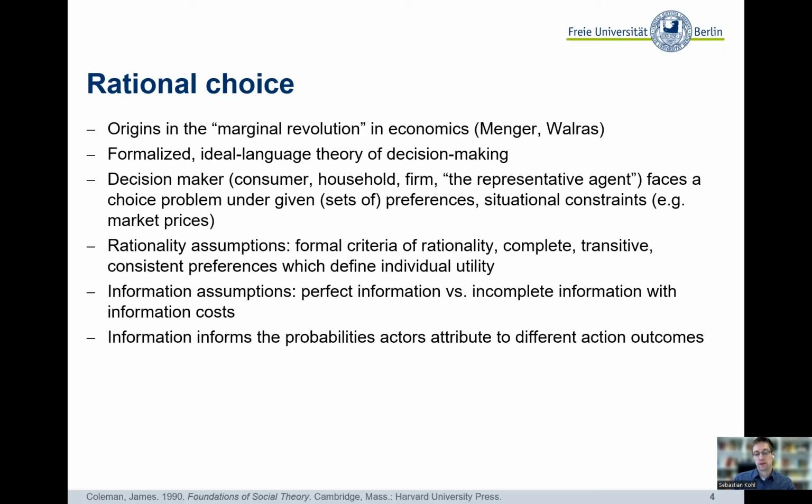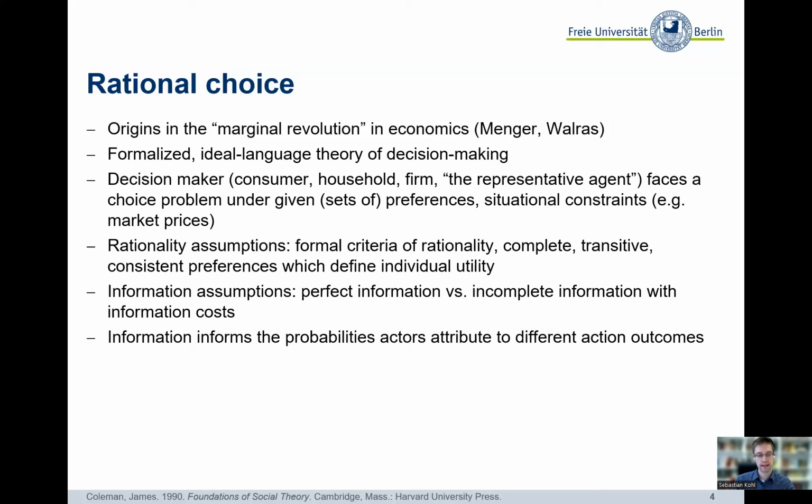Okay, so with the given information, actors also have, let's say, a tremendous calculating power in order to determine the probability with which certain events in the world or certain actions by others occur, in order to attribute also the likelihood with which certain action outcomes may really realize.